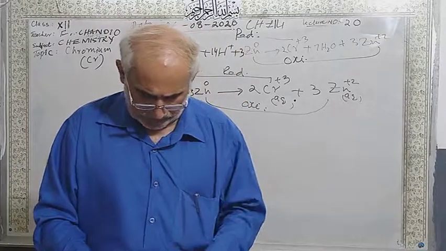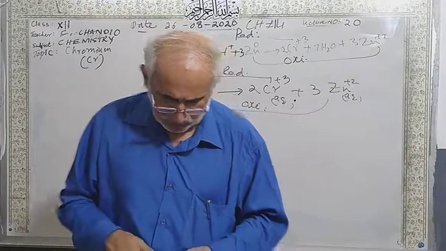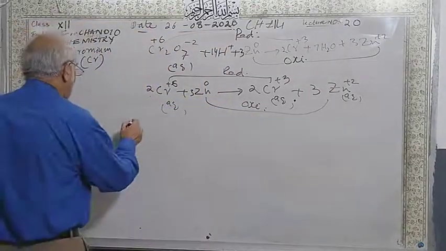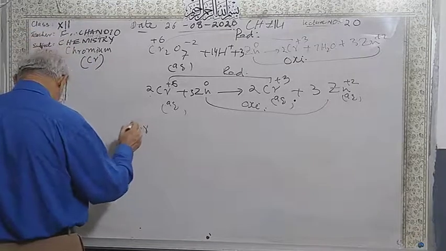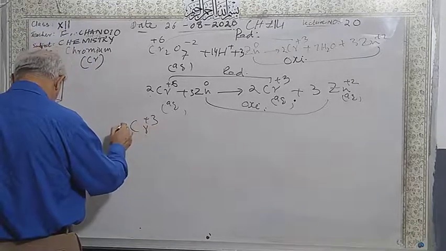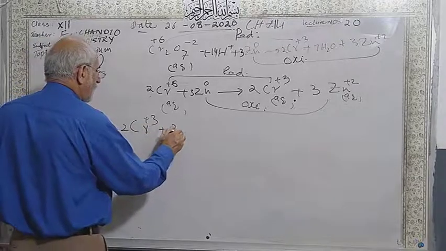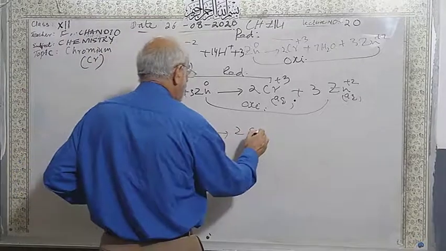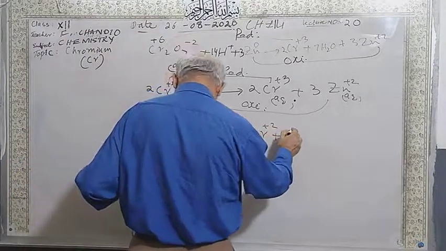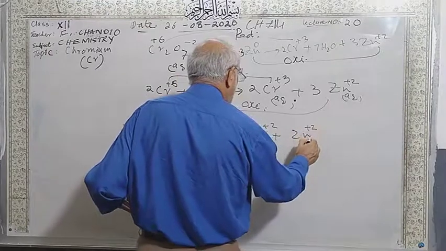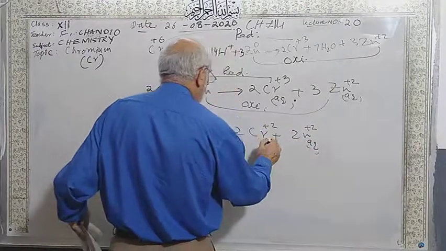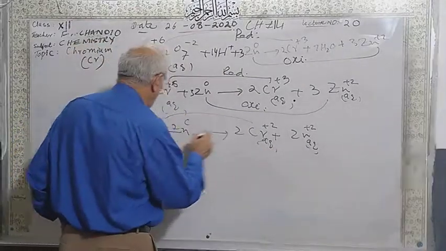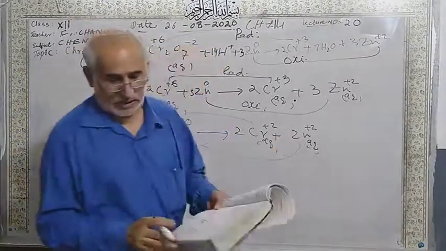So chromium 6 changes into chromium 3, and also in the presence of zinc, chromium positive 3 changes, and chromium 2 is going to be formed here. Again, there is reduction of chromium and oxidation of the zinc.